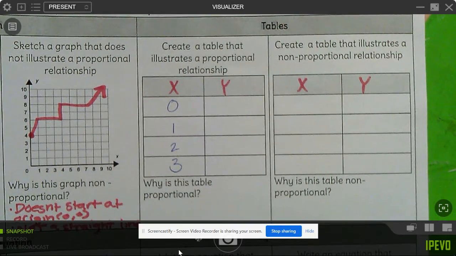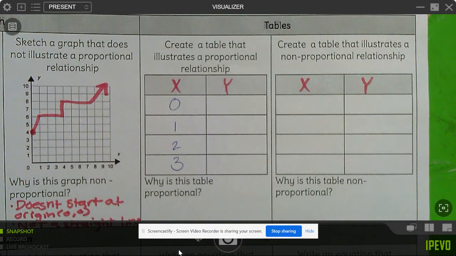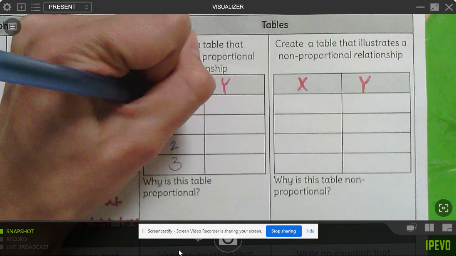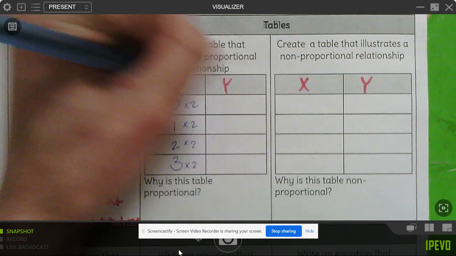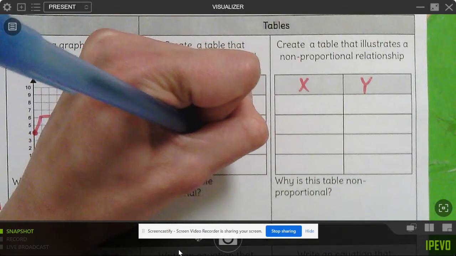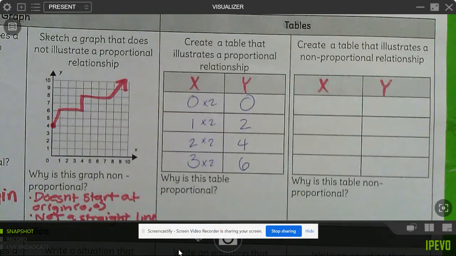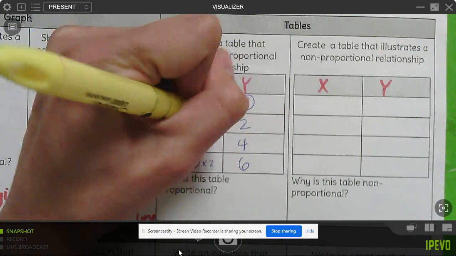So I'm going to say for this one that I want to have a constant of proportionality of 2. So if I did times 2 every single time, I'm going to highlight my constant of proportionality.